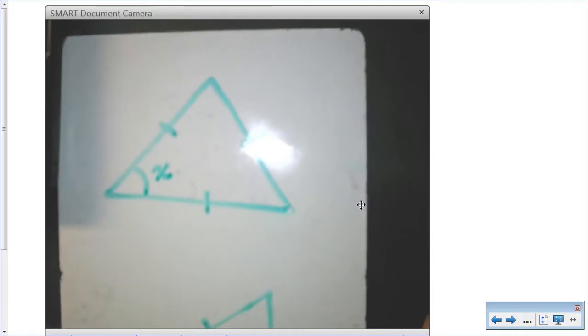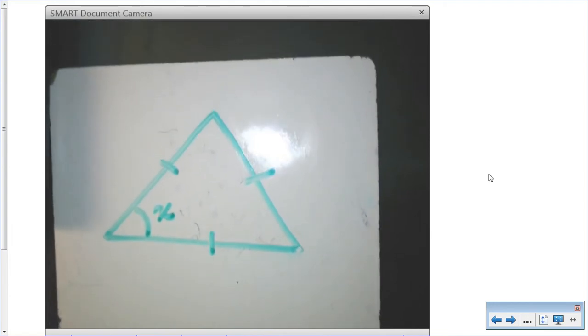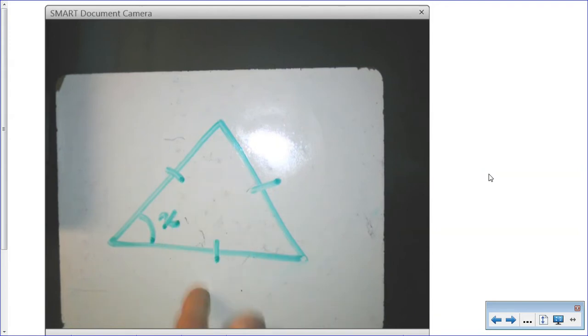And I'm going to try to move the glare around just to hide everything here. So here on this first example, we see that I have three sides that are congruent. So I can deduce that this is an equilateral triangle because I have three congruent sides. Now what I need to do is find the measure of angle x.